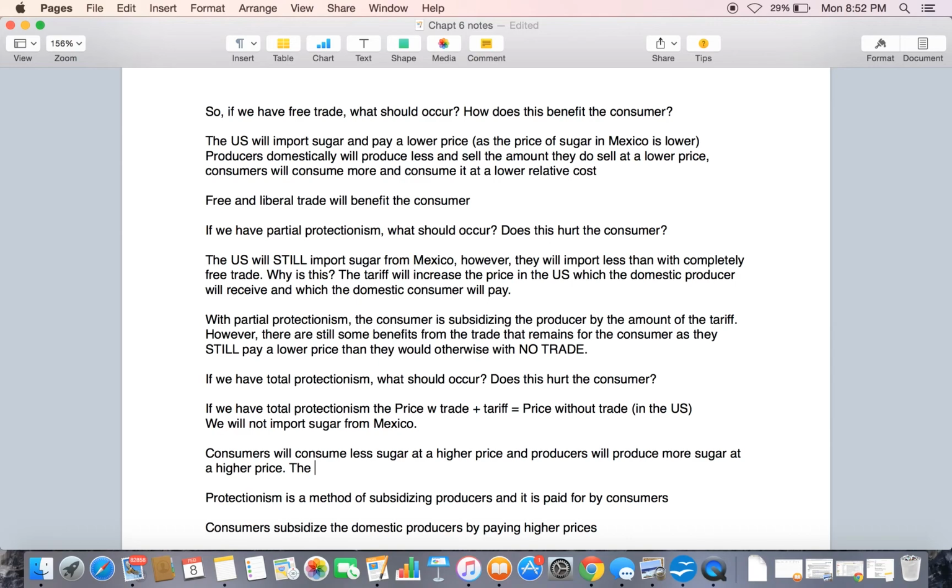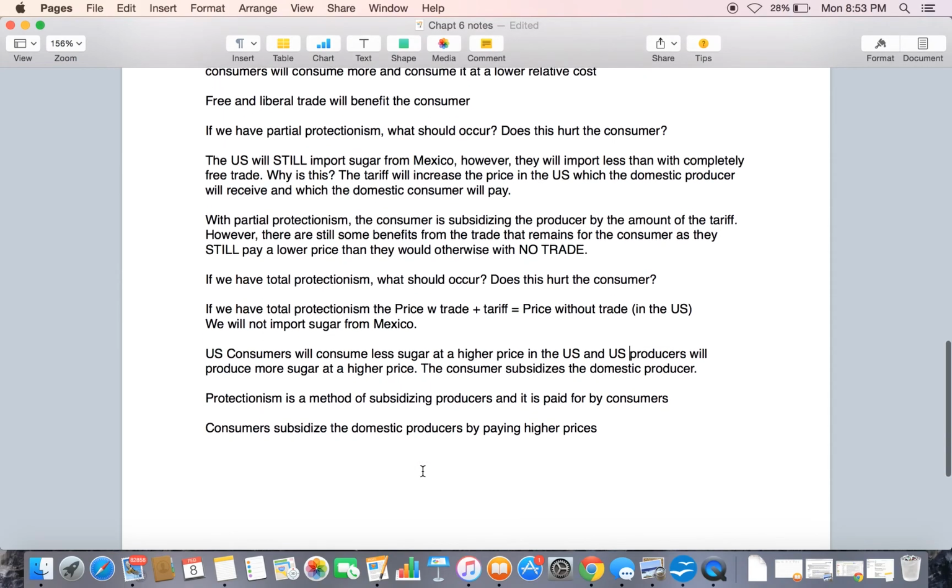And so the consumer subsidizes the domestic producer. And it's important to note here that it's the U.S. consumer who will consume less sugar at a higher price in the U.S., and U.S. producers will be able to produce more sugar, and they will receive a higher price for their product because there is no trade, because there is no pricing pressure coming from lower priced sugar outside of the country.